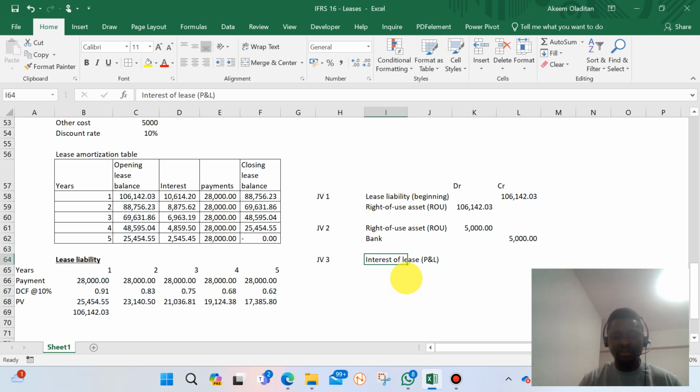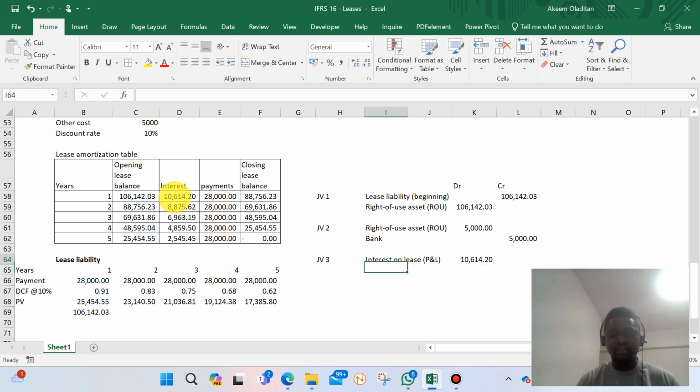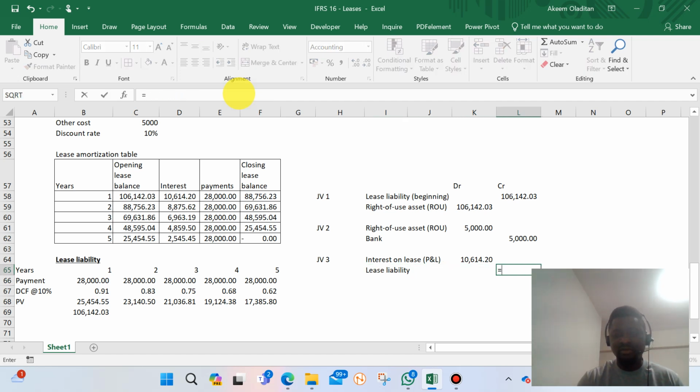This interest on lease goes to the P&L, that's 10,614, and the lease liability will increase by that amount. That will be credited to the books.